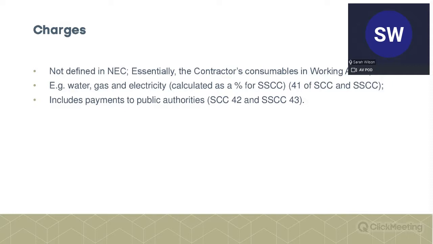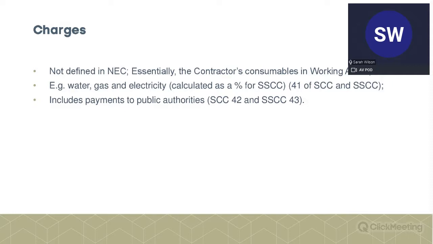Now, for the shorter schedule of cost components, all of these are calculated as a percentage. So it's a percentage of the people cost. So we saw number 1 is the people cost. So if you think about it, this is what you're using for options A and B, your fixed price contracts, so you're only using this for your compensation events. So if you have any extra water, gas, electricity for your compensation events, it's a percentage of your people cost for that compensation event.